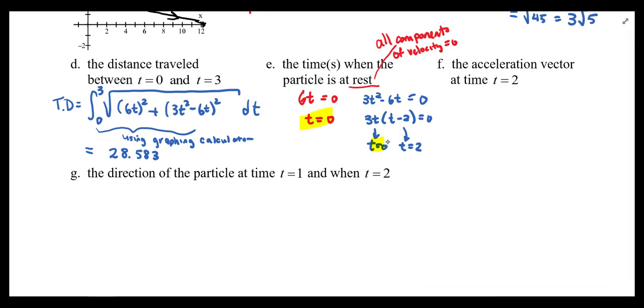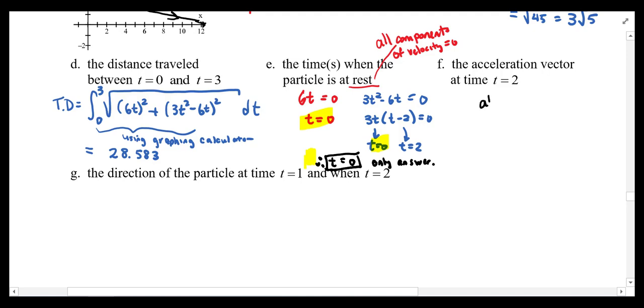That would be both components. So therefore, the only answer here is going to be t is equal to 0. Only answer. Remember, all components.